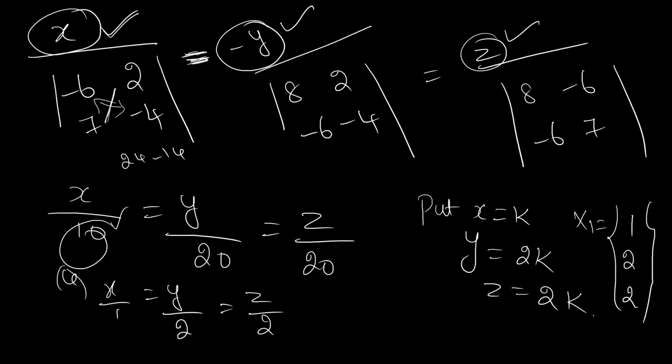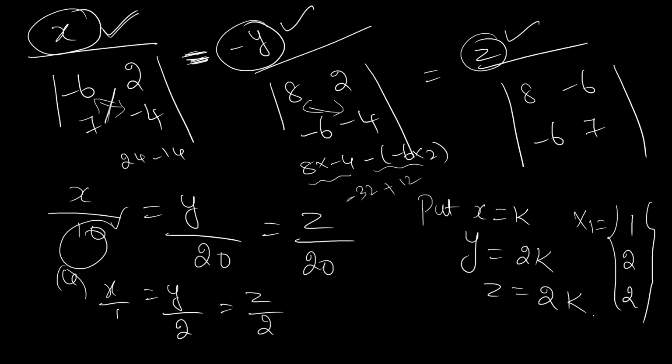Okay. And then here 8 into minus 4 minus minus 6 into 2. Because of the negative sign, this first term will be minus, second term will be plus.